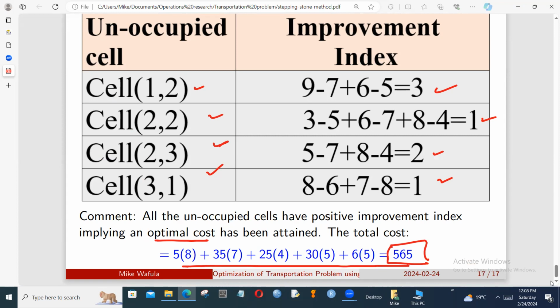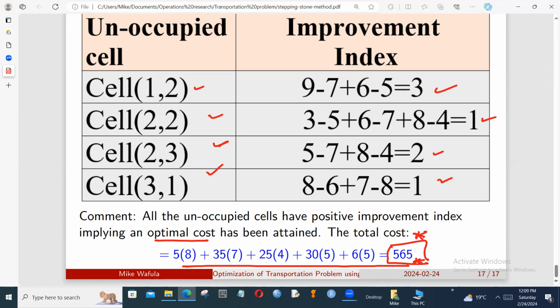A point to note: I used the same example we used in the modified distribution method so that we can see the consistency. Whether you are using the modified distribution method or the stepping stone method during optimization, you end up with a similar answer. Even the VAM method, when we were finding the initial basic feasible solution, also gave us this particular figure.